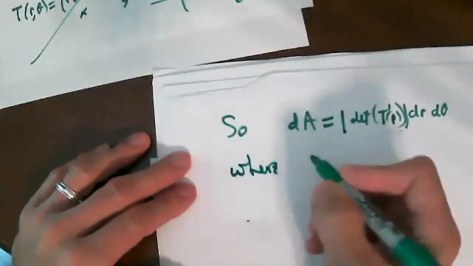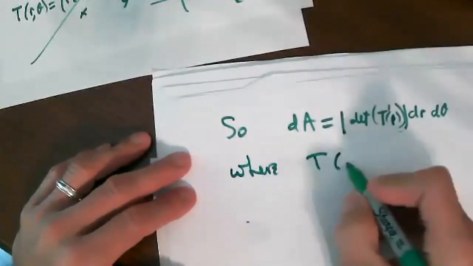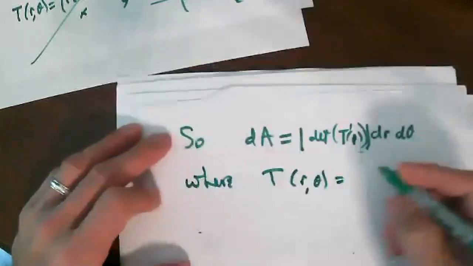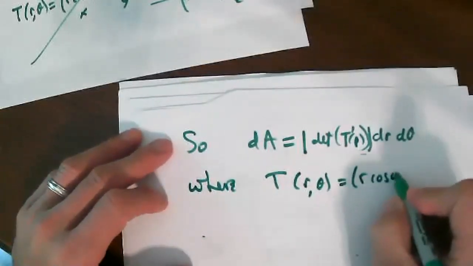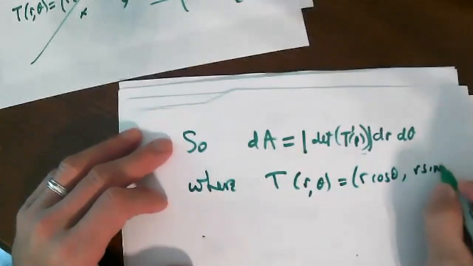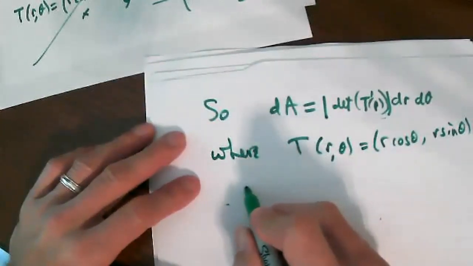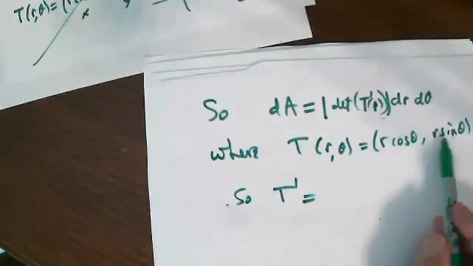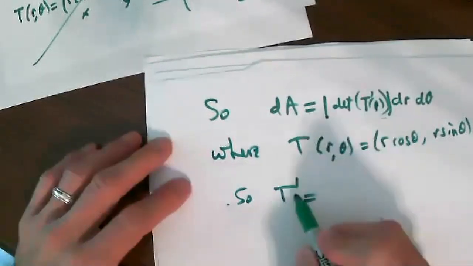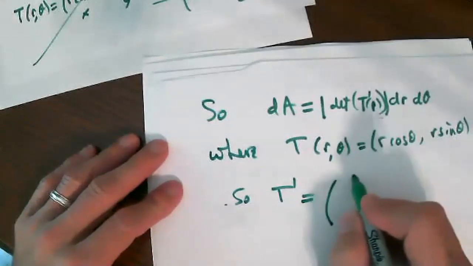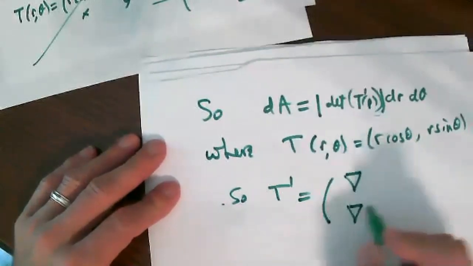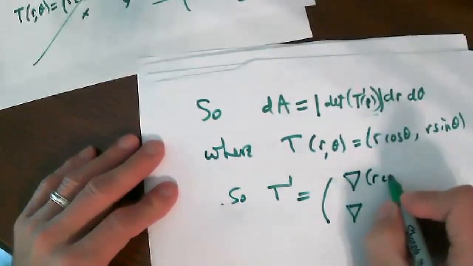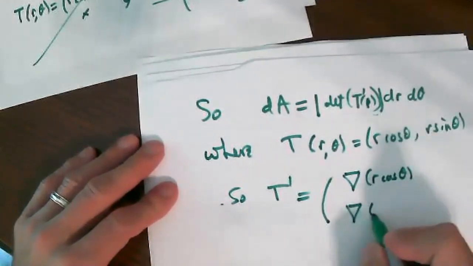So let's write out the function capital T. T at any point r theta is calculated as r times the cosine of theta, comma, r times the sine of theta. And now I can compute the derivative of T. So remember, when you have a function that spits out more than one possible output, you compute the derivative of that function by taking the gradients of those different outputs one at a time to be the different rows of your matrix.